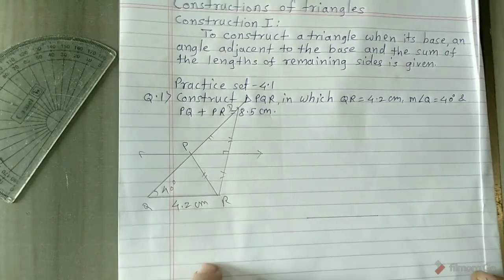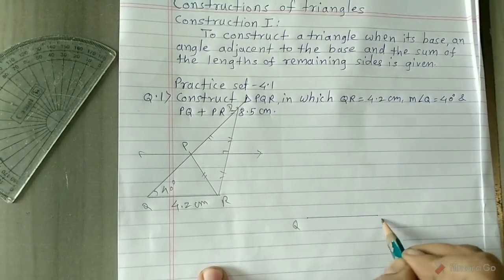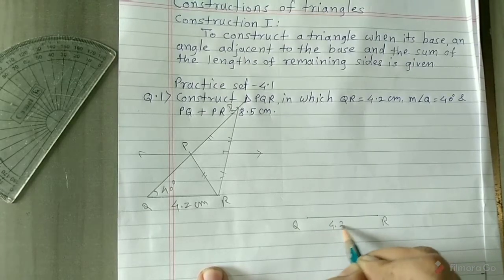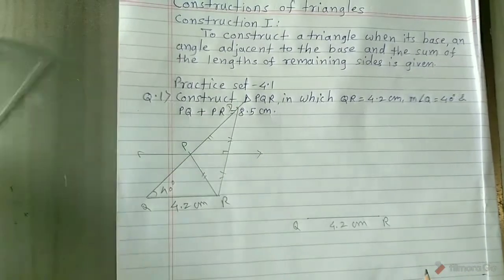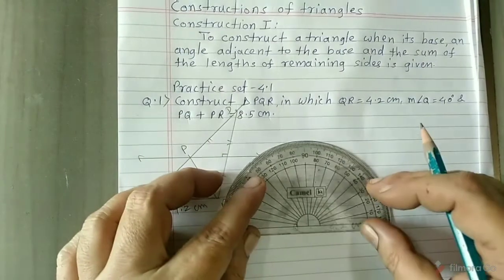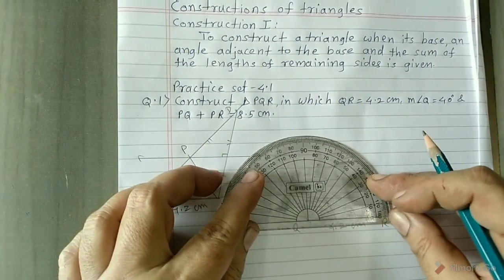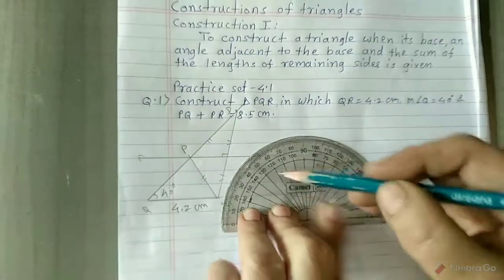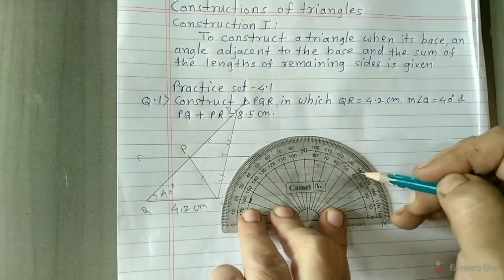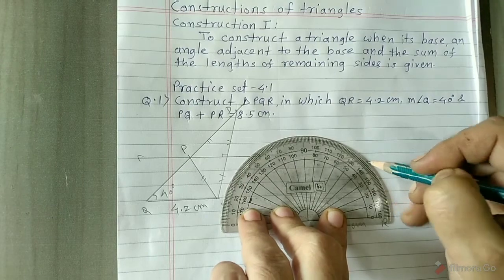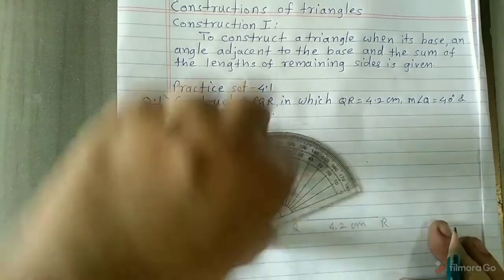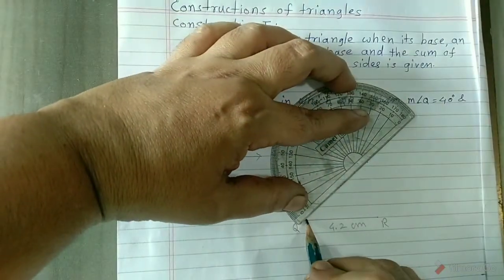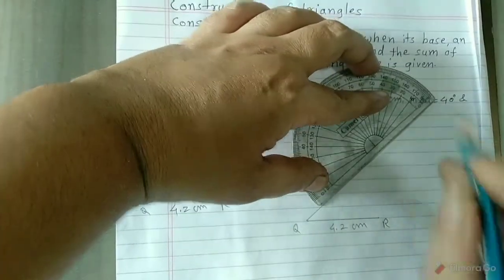I draw it here, name it QR, and here 4.2 centimeter. Then with the help of this protractor, we draw a 40 degree angle. See here the lower side, so here the 40, okay, mark here, then I draw the 40 degree angle here.